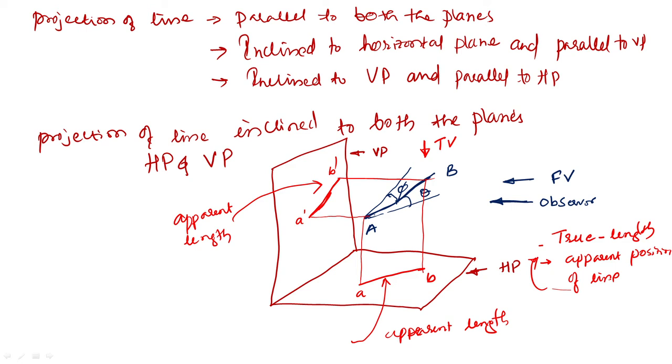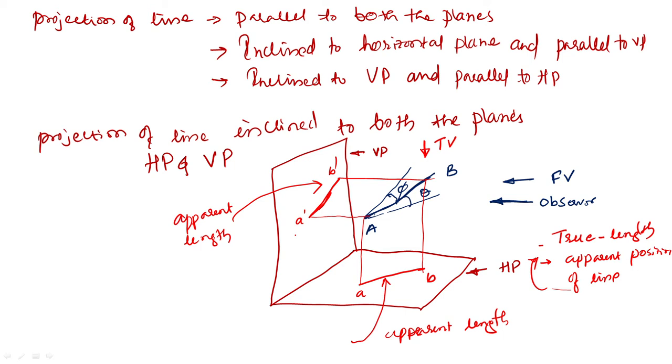Okay. So now let us consider here. As seen, a dash b dash is the orientation, front view of the line. AB is the top view of the line.